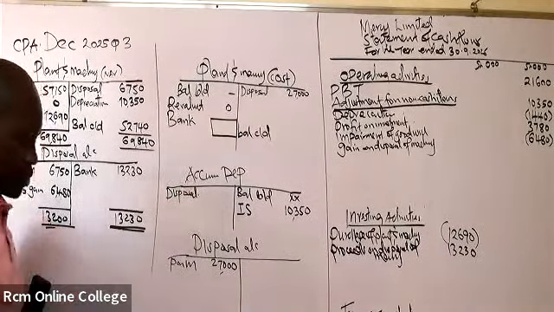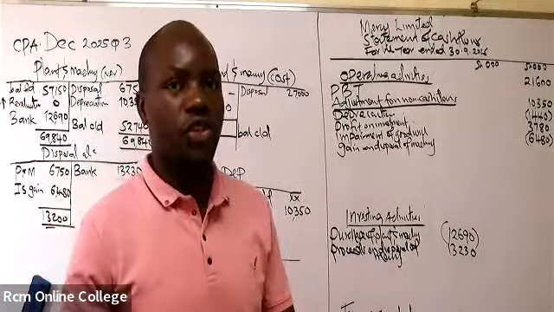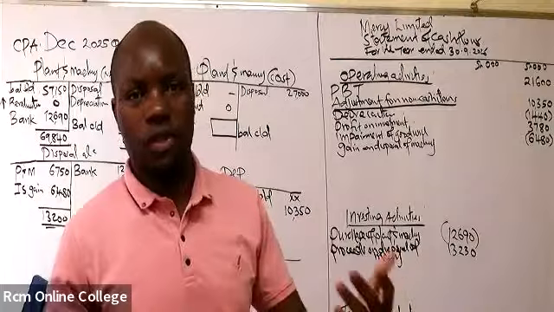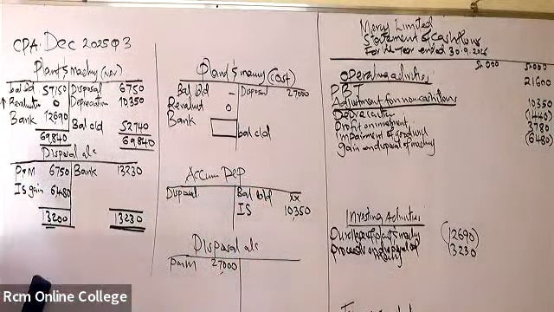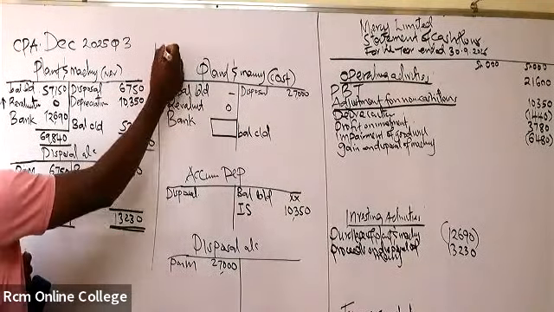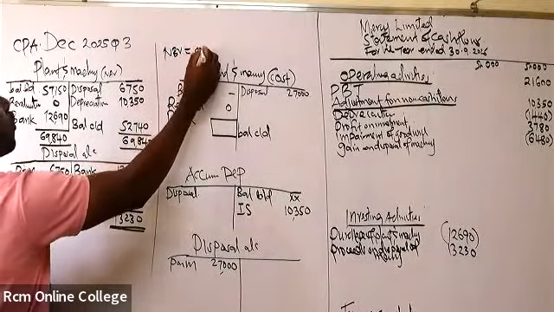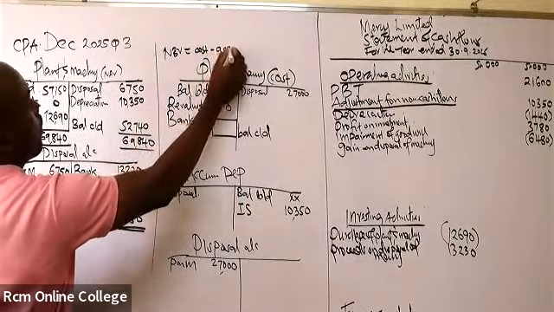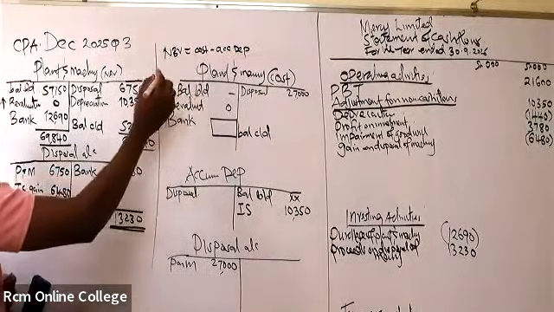My question is very simple. What is the accumulated depreciation of the asset we are disposing? Remember, net book value, so this will guide you, is equal to cost minus accumulated depreciation. Do we have the net book value of our asset?